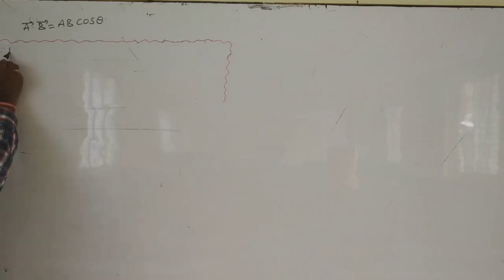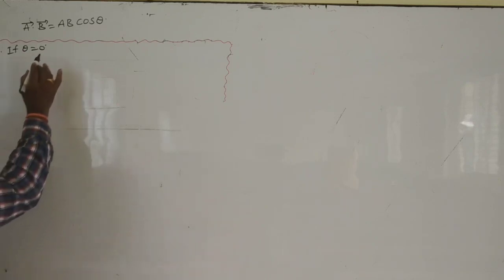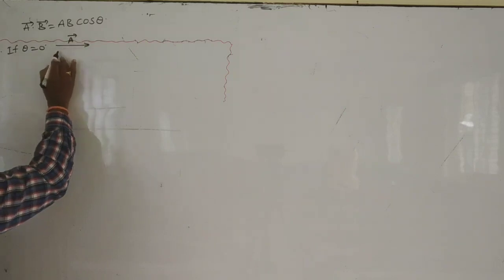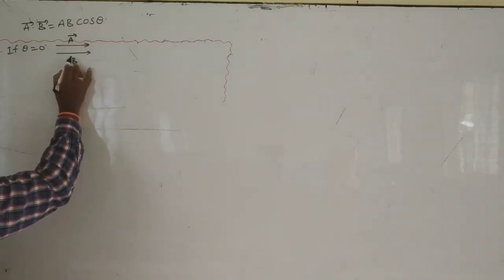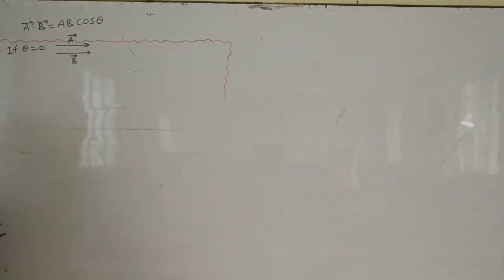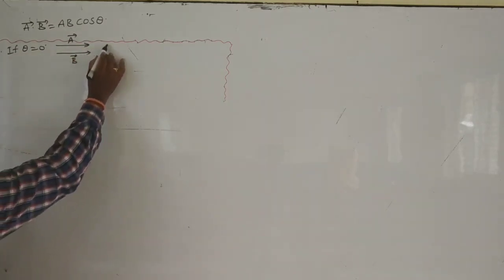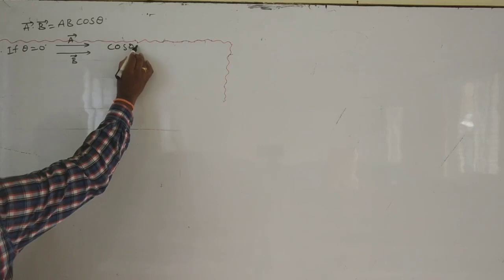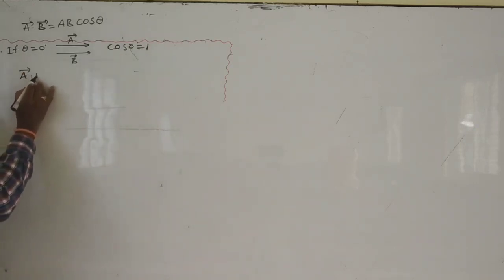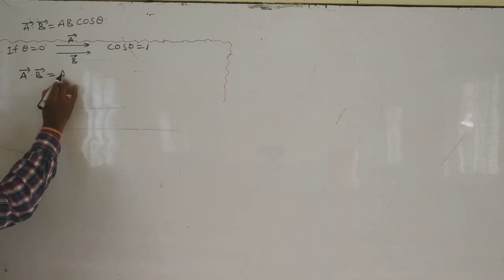If theta equals 0 degrees, means both are in the same direction, a bar, b bar are parallel. Then cos 0, what happened? Cos 0 equals 1. So a bar dot b bar is equal to ab.